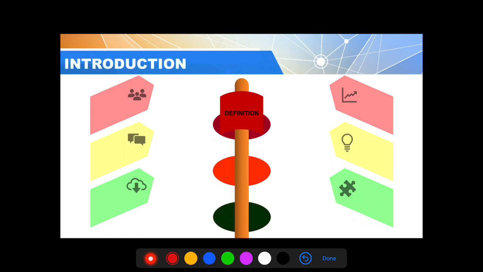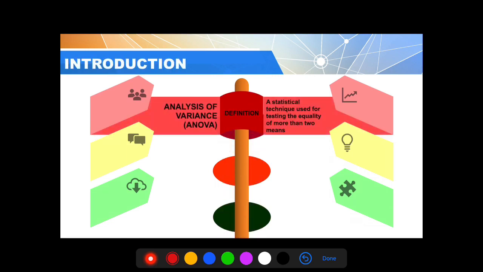Introduction. Definition. What is ANOVA? ANOVA is a short form of analysis of variance. ANOVA is a statistical technique used for testing the equality of more than two means.